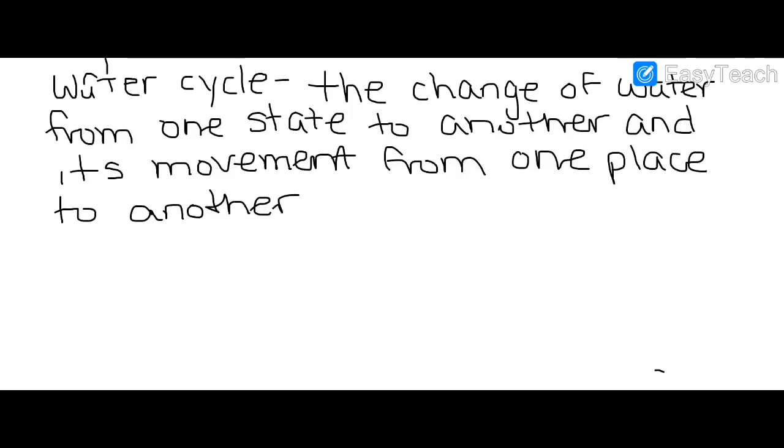All right, so that is the water cycle. The change of water from one state to another and its movement from one place to another.